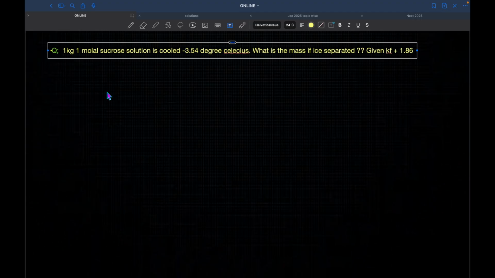So this value is given to us. The solution is 1 kg, 1 molal solution.